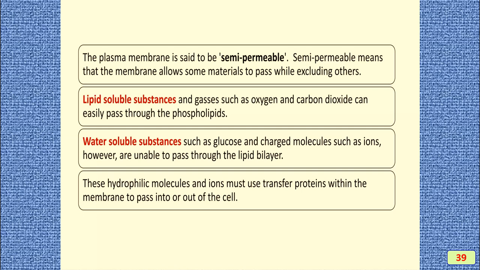Water-soluble substances such as glucose and charged molecules such as ions, however, are unable to pass through the lipid bilayer. These hydrophilic molecules and ions must use transfer proteins within the membrane to pass into or out of the cell. This is the characteristic feature of the plasma membrane.